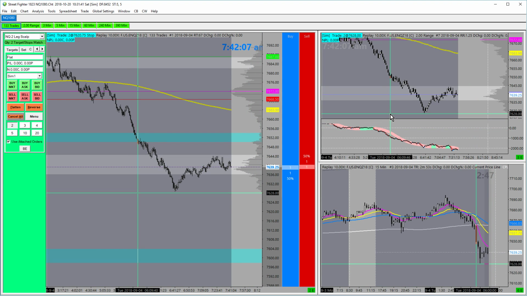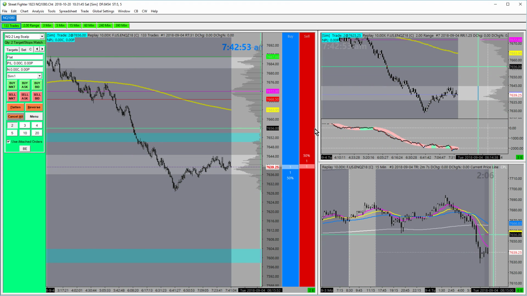But I do like the range as far as immediate cumulative delta goes, right? Because range bars show you ease of movement, in my opinion.